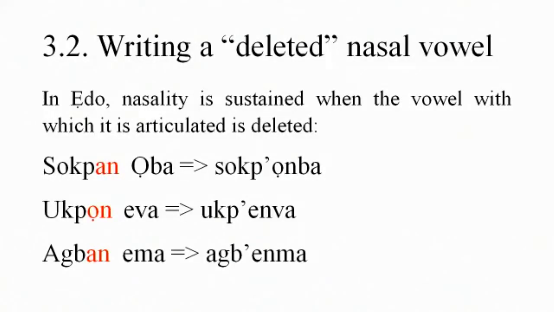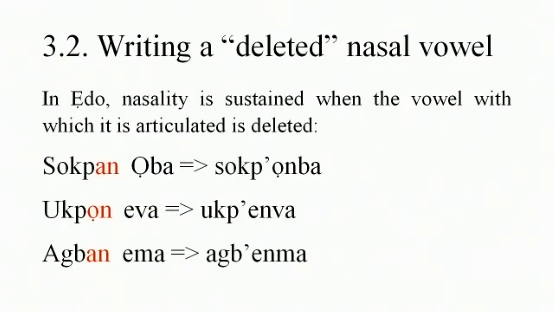Then there is another problem, writing a deleted nasal vowel. Writing a deleted nasal vowel. You see, I put that deleted. Okay? Because it is the vowel that is deleted. The nasality is not deleted. It moves on to the next segment. And that is why you have soapman and over.